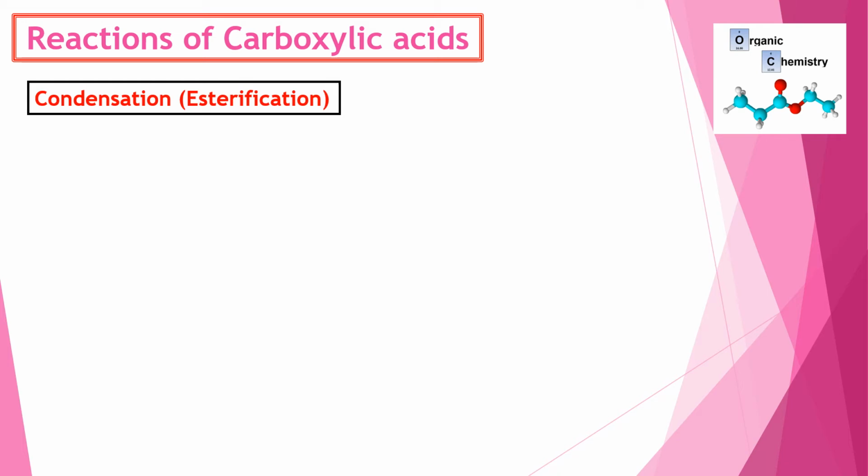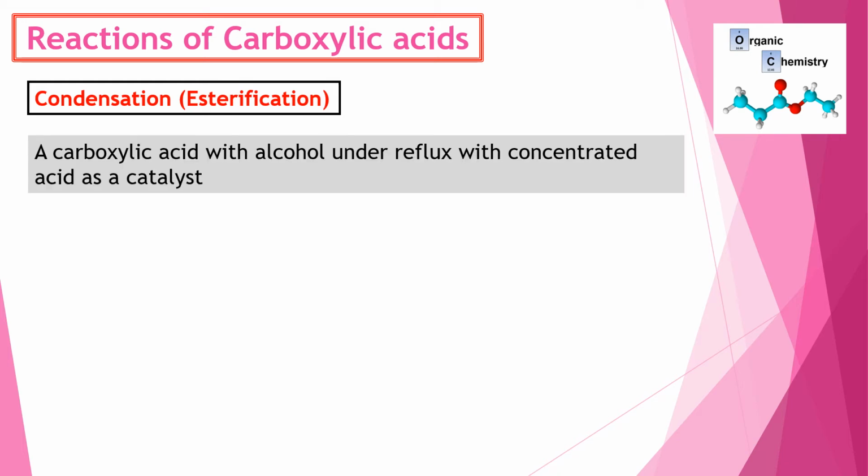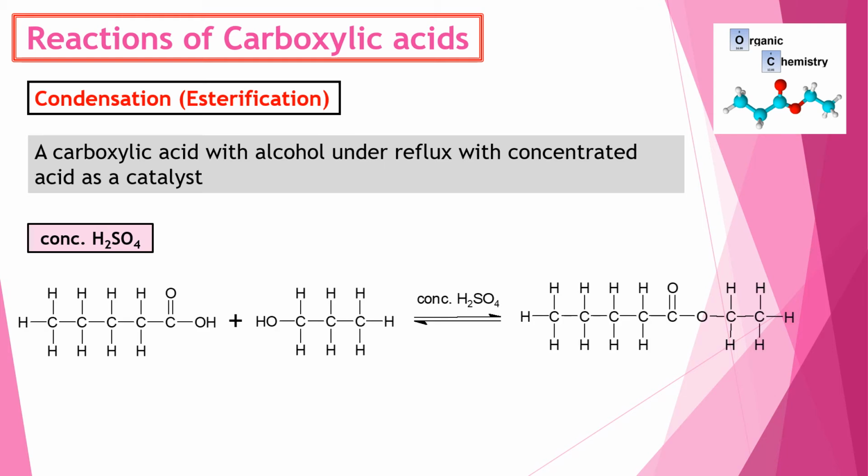Okay, so next type of reaction we want to look at is a condensation reaction. This is a new type of reaction that you may not have met before. We react a carboxylic acid with an alcohol. It will not react by itself, so we actually have to add concentrated sulfuric acid as a catalyst. Now what the concentrated sulfuric acid essentially does is it removes a hydrogen and an OH from the alcohol molecule, a hydrogen from the carboxylic acid. So it removes in total one water molecule.